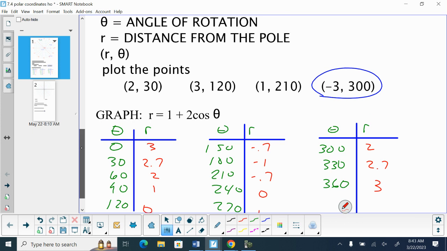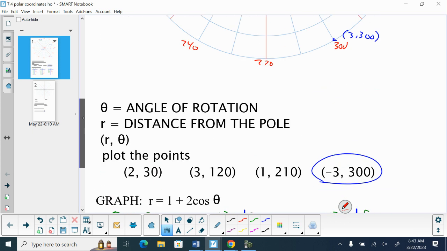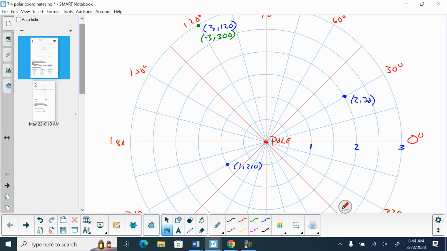So as we go along and graph this, at 0 we are at 3, at 30 we are at 2, at 60 we were at 1, at 90 we are at 0.